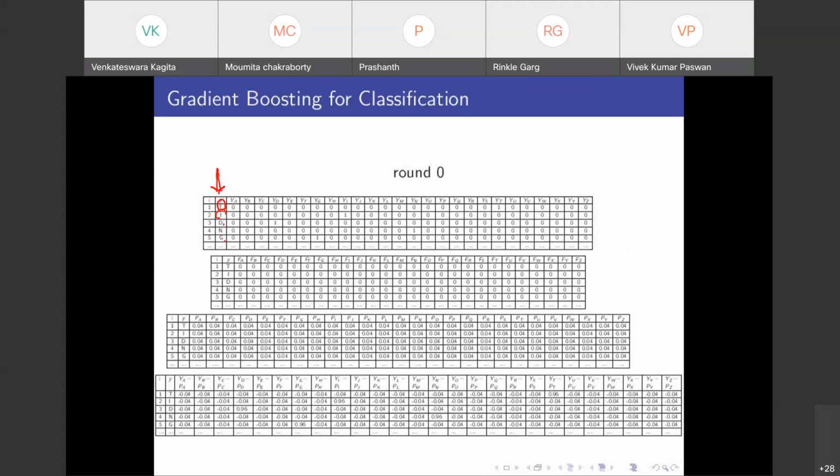Okay. So if you see the true probability distribution for T, what should it be? Anyone?